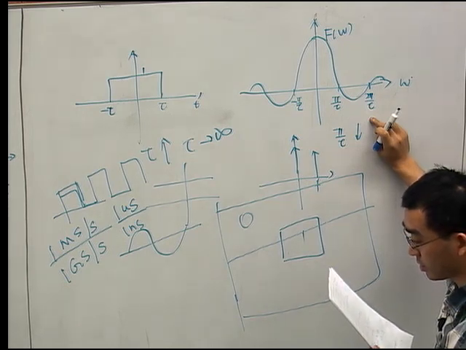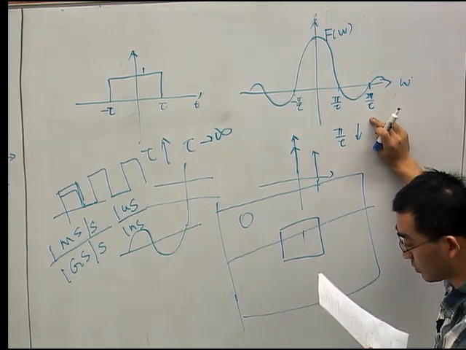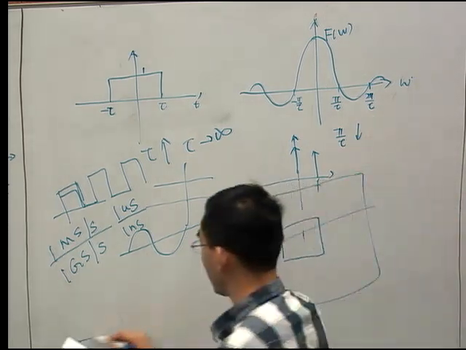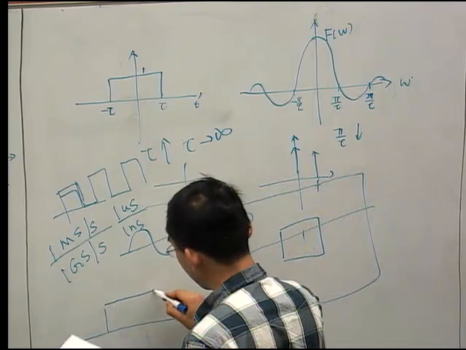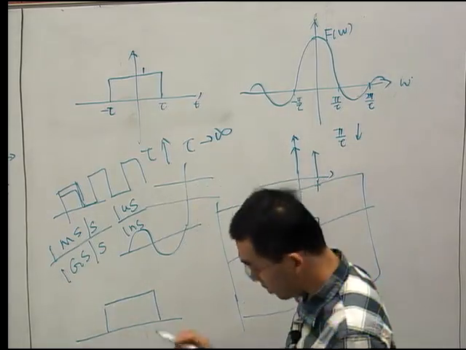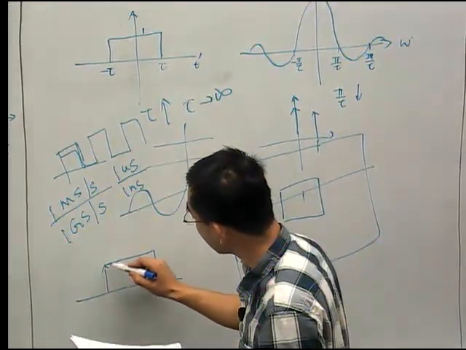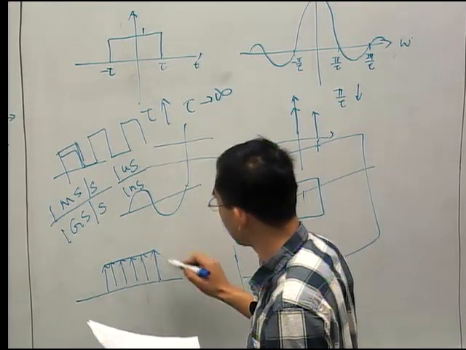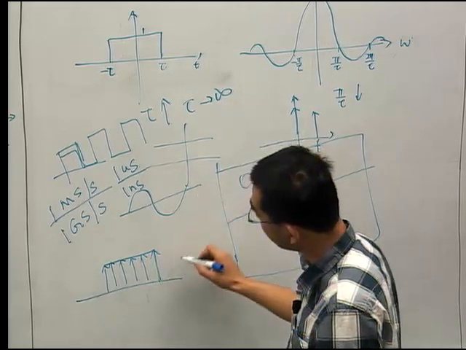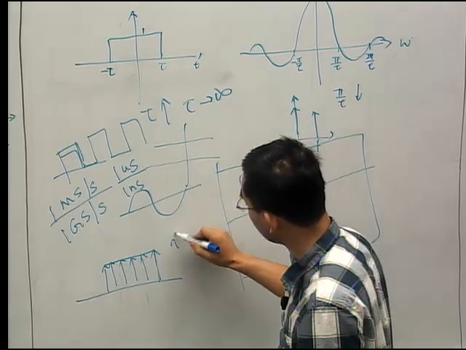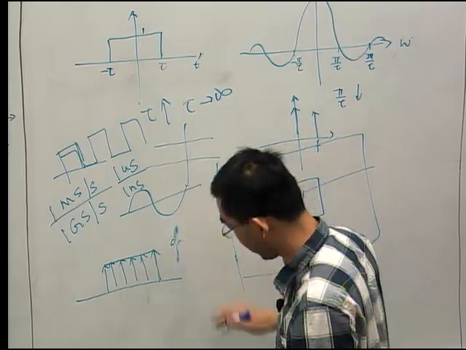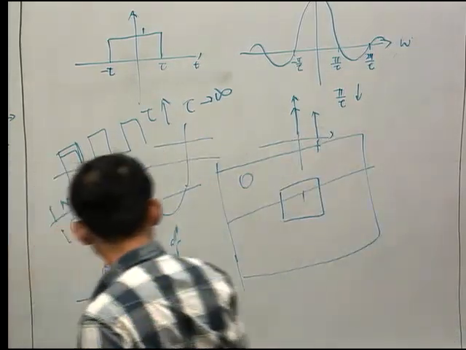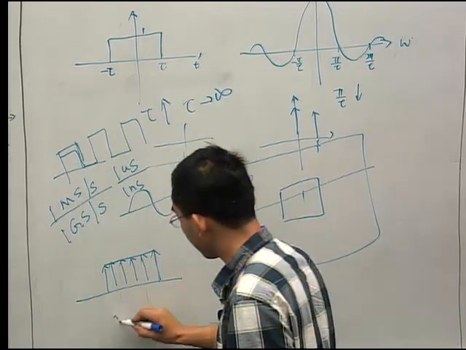And another thing is also mentioned here about the sampling. So for example, if I have this rectangular pulse, if I only sample the ones, so your data sequence is like x.